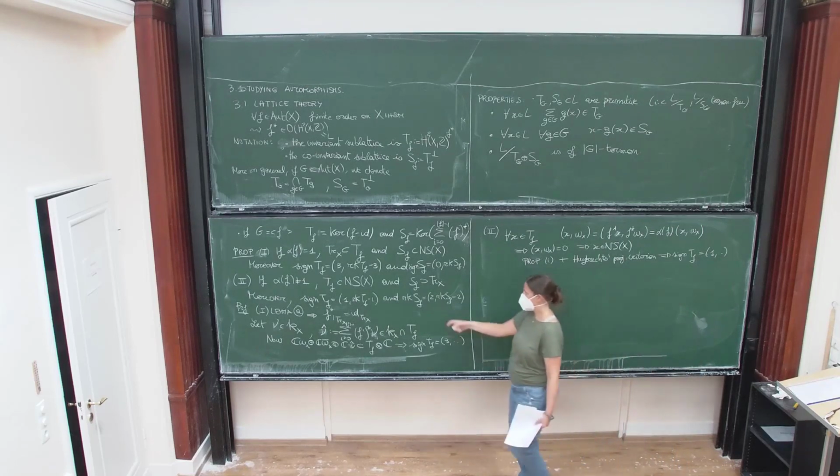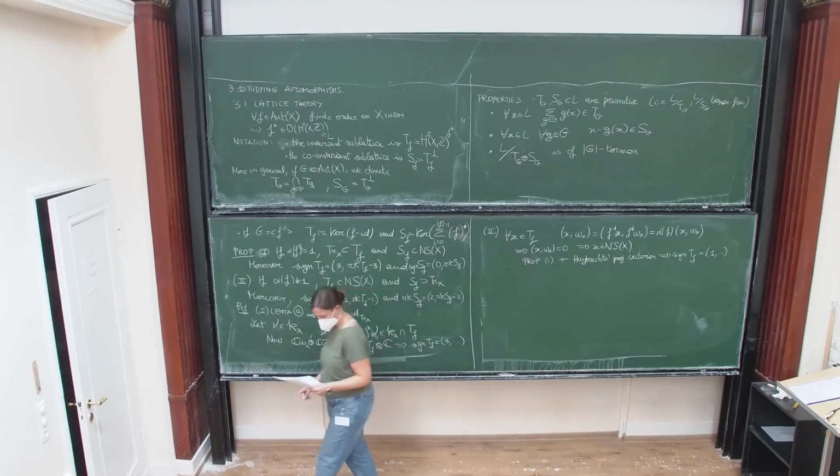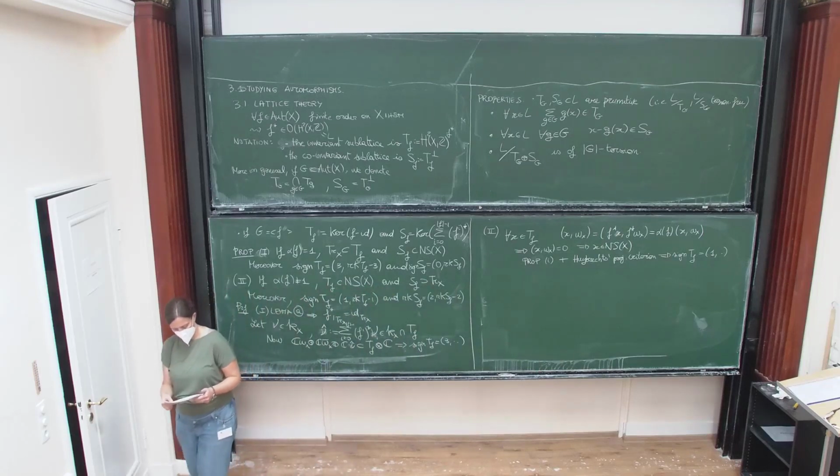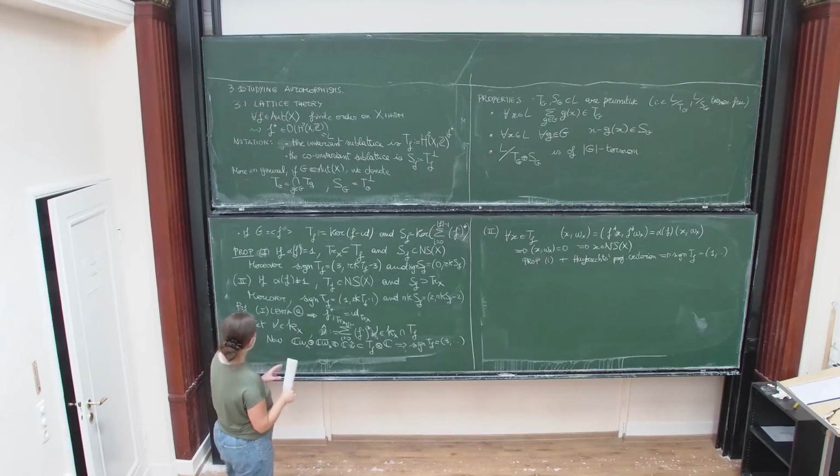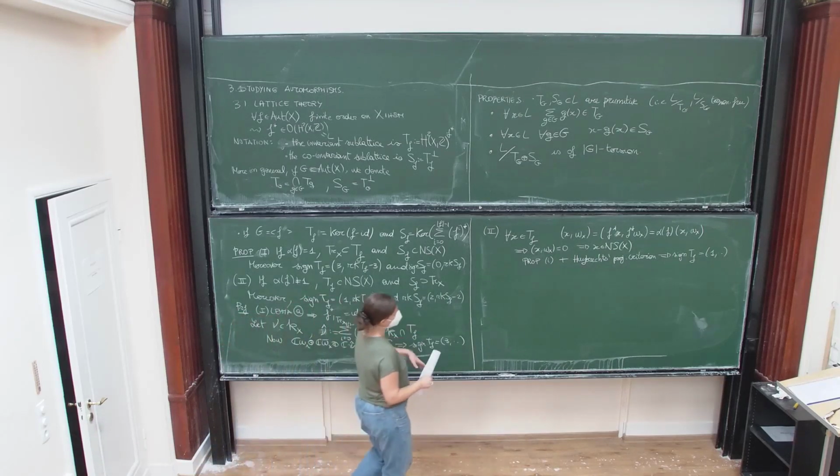And as a consequence, the invariant has signature 2. All right. So these are the very first basic properties of these sublattices.